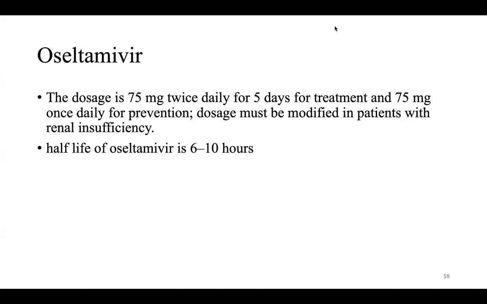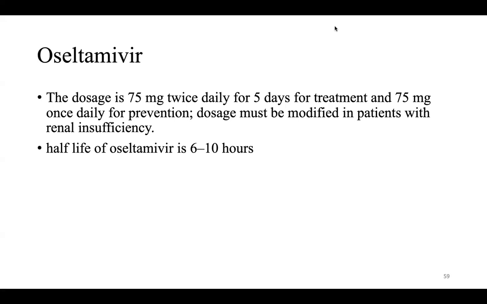Oseltamivir is an orally administered prodrug that is activated by hepatic esterase and widely distributed throughout the body. Oral bioavailability is 80%, plasma protein binding is low, and concentrations in the middle ear and sinus fluid are similar to those in plasma.